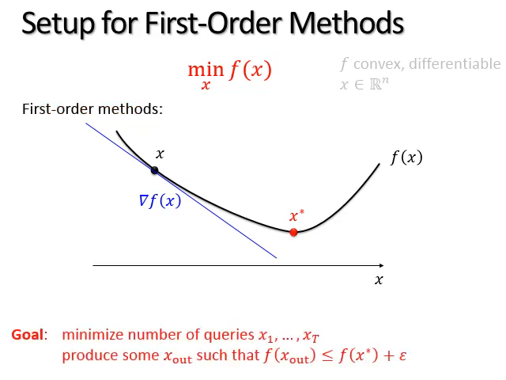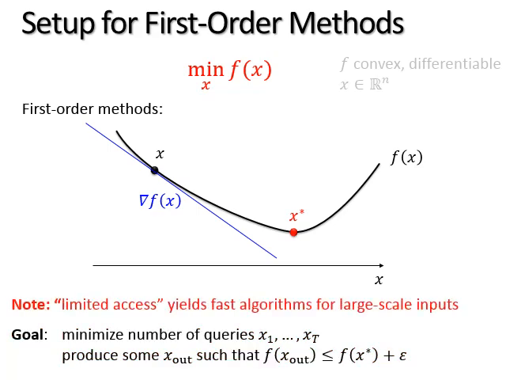And the goal of any first-order method is to minimize the number of such query points x1 through xt in order to ensure that at the very end, they can output some point, say x_opt, whose objective difference to optimal is at most epsilon. So this is also known as epsilon additive approximate solution.